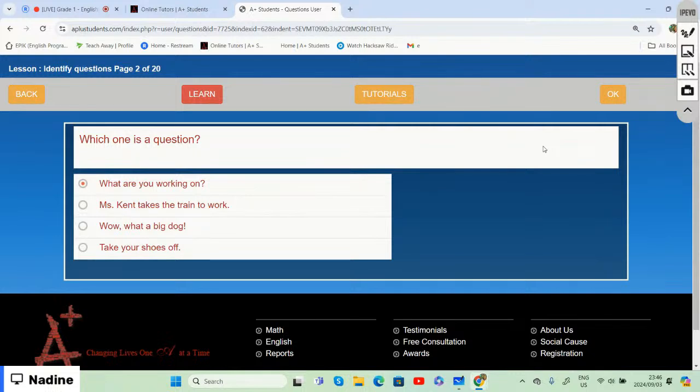And we said we have four kinds of sentences. We have a statement, we have a question, exclamation, and a command. A statement only tells you something, and it ends with a period.